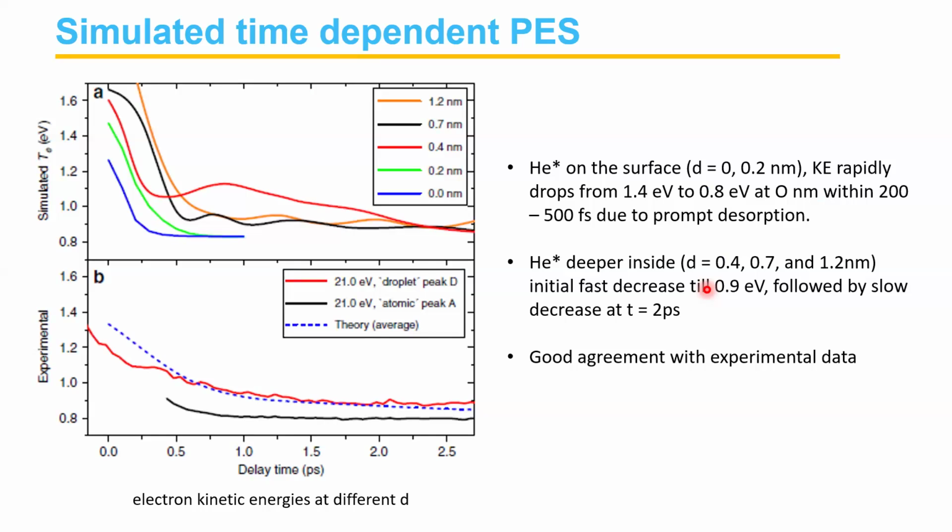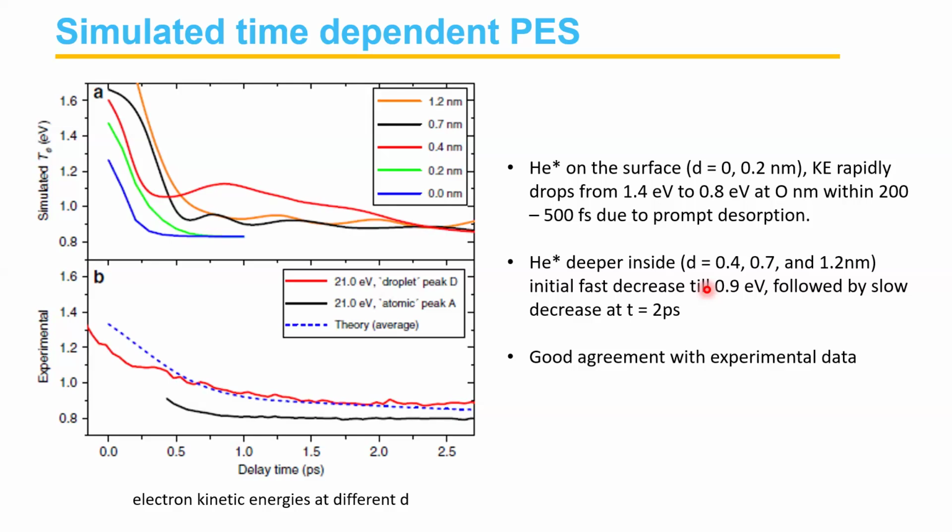These two are around the surface of the nanodroplet, shown in blue and green. As you can see, the blue line, when the helium atom is at the surface, relaxes quickly, within around 200 to 500 picoseconds.